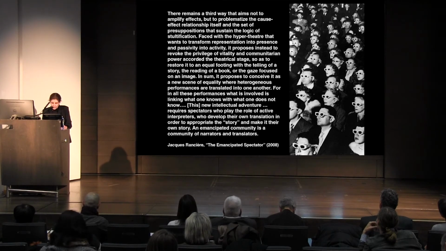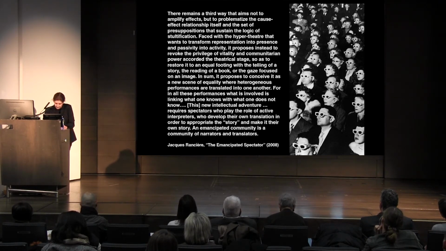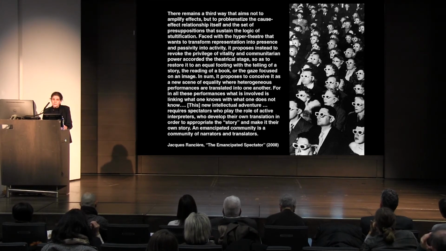In sum, it proposes to conceive it as a new scene of equality where heterogeneous performances are translated into one another. For in all these performances, what is involved is linking what one knows with what one does not know, being at once a performer deploying her skills and a spectator observing what these skills might produce in a new context among other spectators.